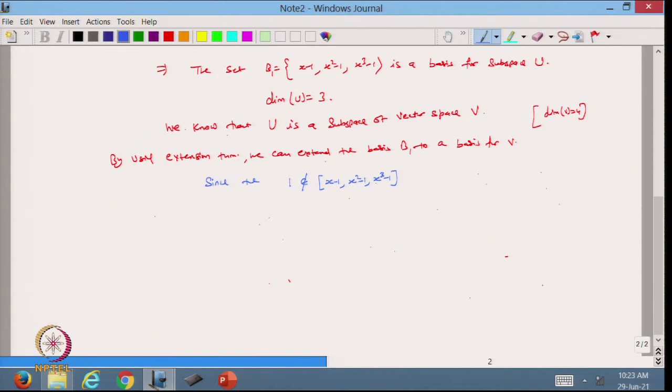So 1 cannot be written as a linear combination of these. You can verify this by writing alpha (x minus 1) plus beta (x square minus 1) plus gamma (x cube minus 1), and suppose it is equal to 1. Then from here I will get gamma x cube plus beta x square plus alpha x minus alpha plus beta plus gamma is equal to 1.